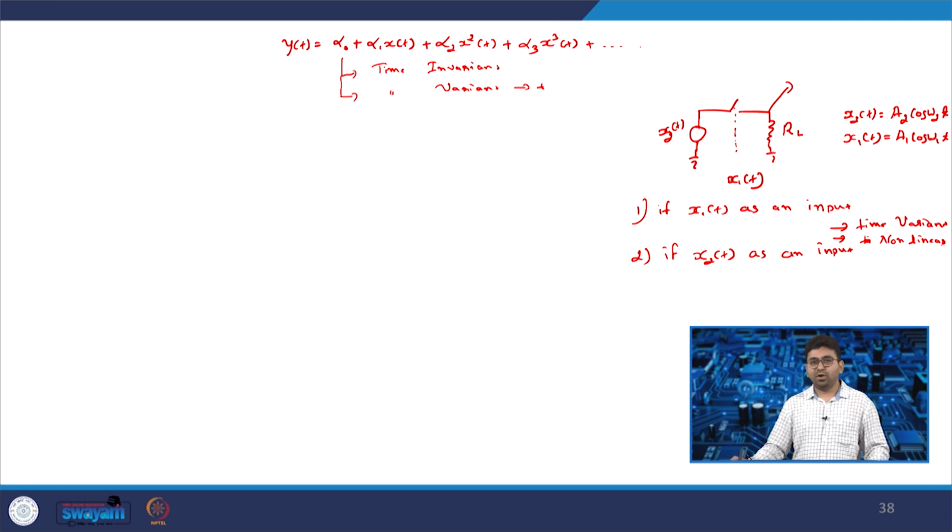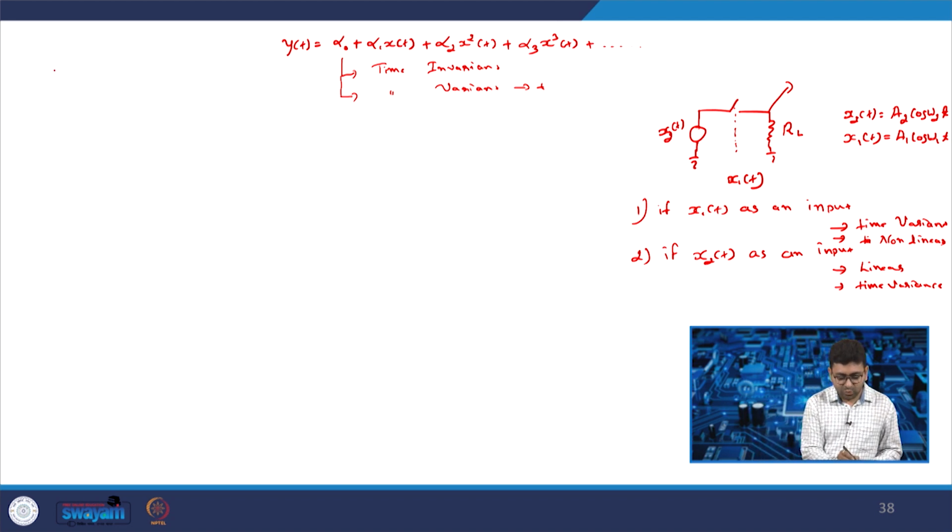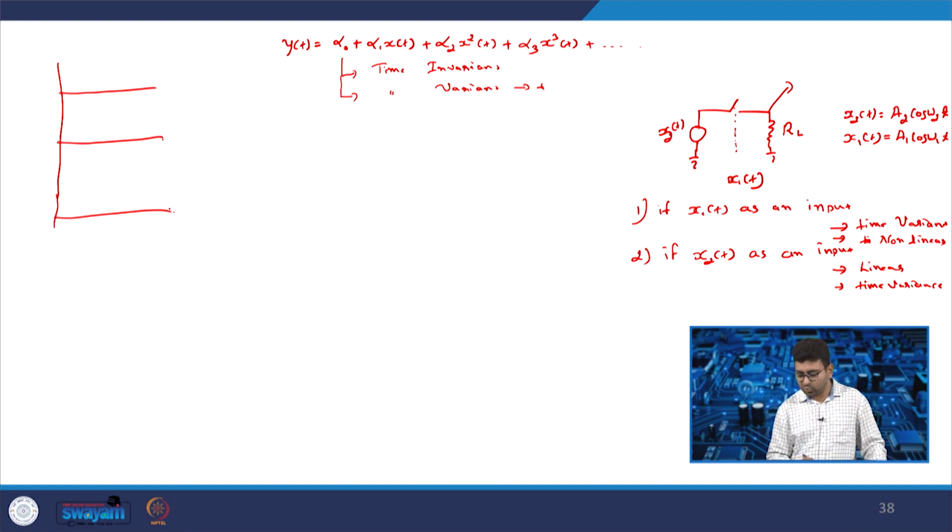Now, when you try to see x2(t) as an input, your output is linear, but again there is time variance. So, here if we try to draw x1, x2 and output, we will understand.